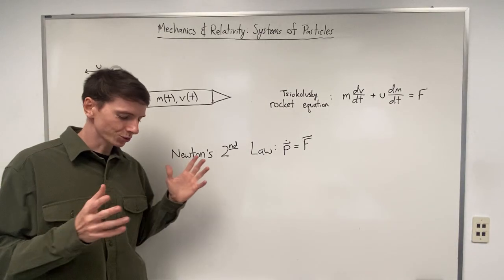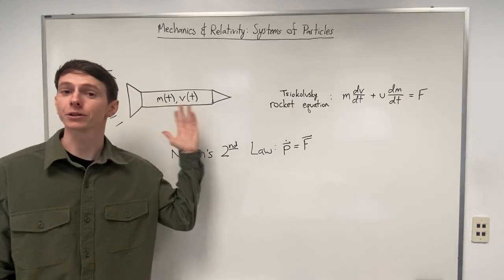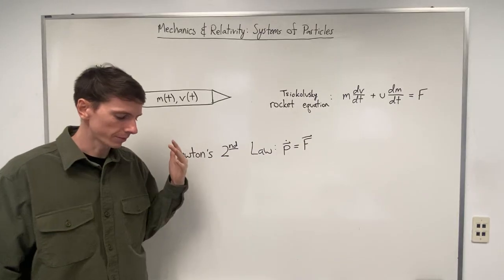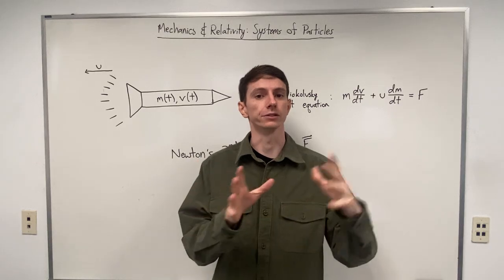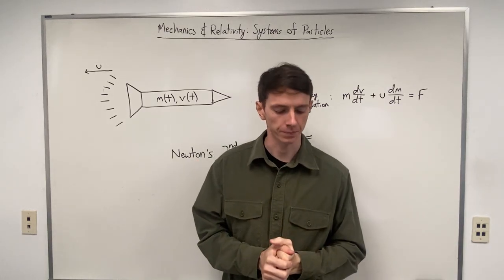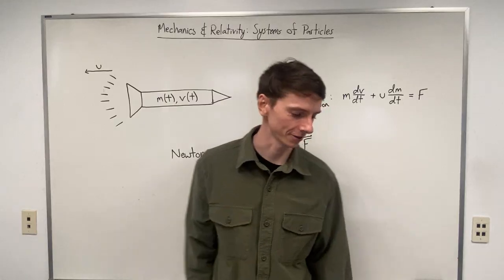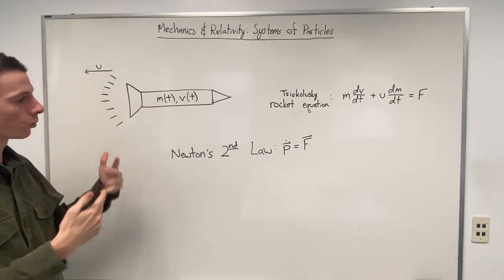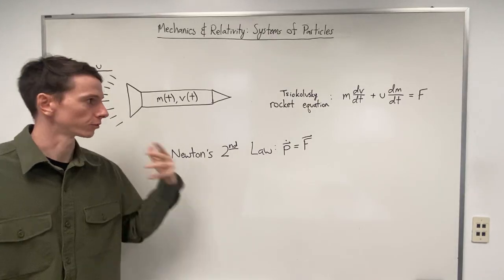But the main goal of the last video was not to specifically look at rockets, as fun as rockets are, but rather to talk about how we handle systems where the mass is varying over time. We actually talked about that at the beginning before mentioning anything with rockets. The main takeaway is that we still want to use Newton's second law for the equation of motion for a system.